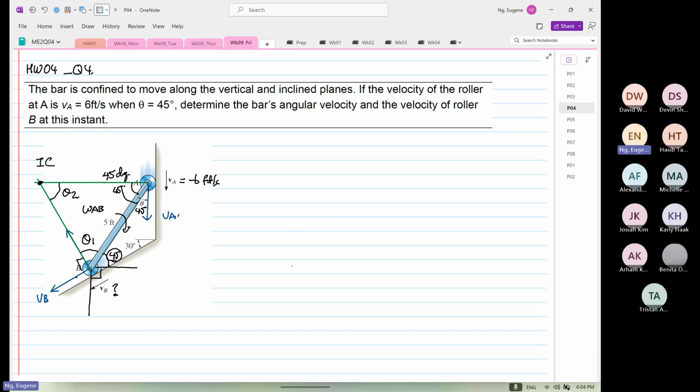Do we know what this angle over here is? Yes.